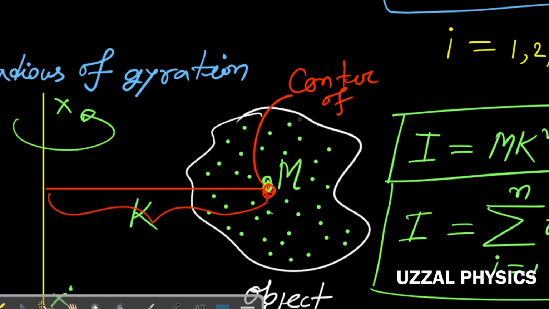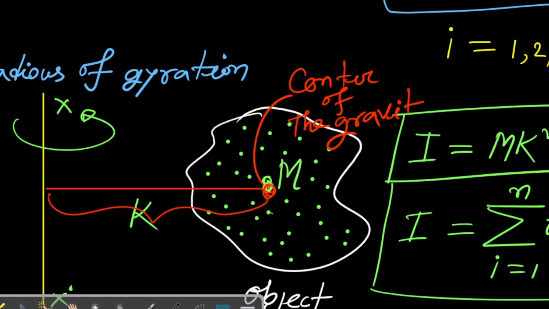Try to understand, this distance is actually the average distance between the rotational axis and this point. As we assume all the mass of an object is concentrated on this particular point, every rotational object has this special distance from the rotational axis, and this special distance is called the radius of gyration.